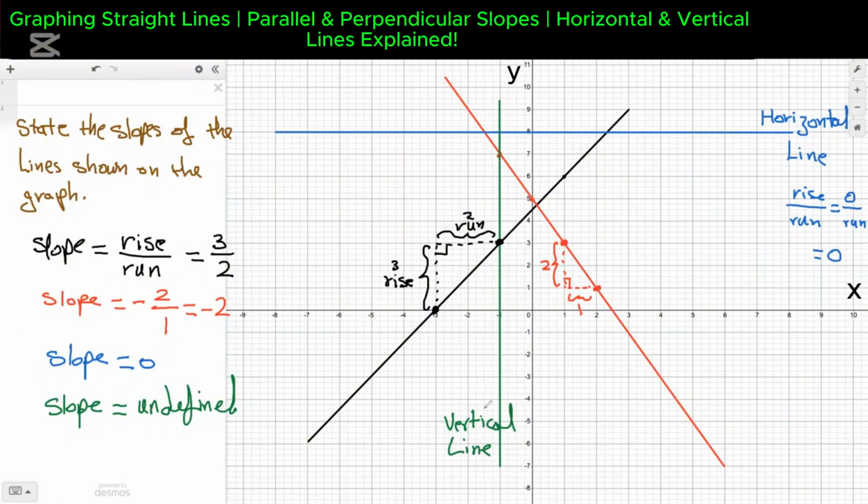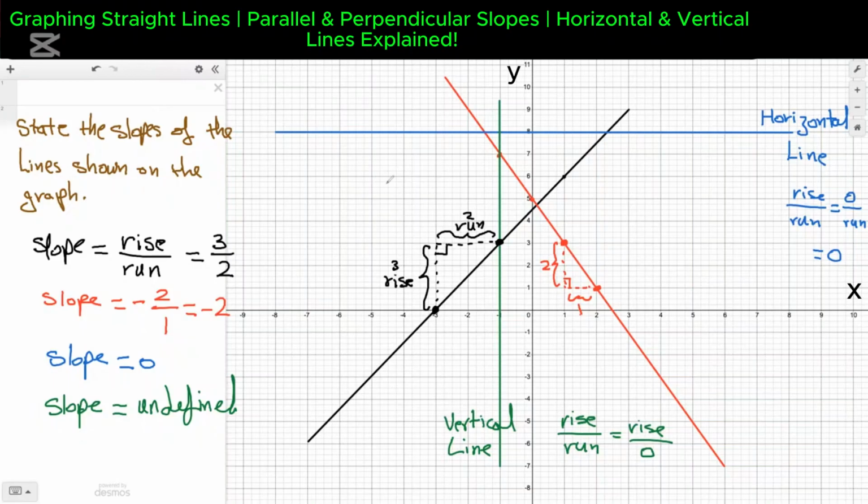Vertical, it's undefined. Now just look at the slope again. The slope is rise over run. Is this rising? Yes, it is rising. Is this line running? Running is going horizontally. No, it's not, and the run is 0. Anything divided by 0 is undefined. And that's how we know this is undefined.